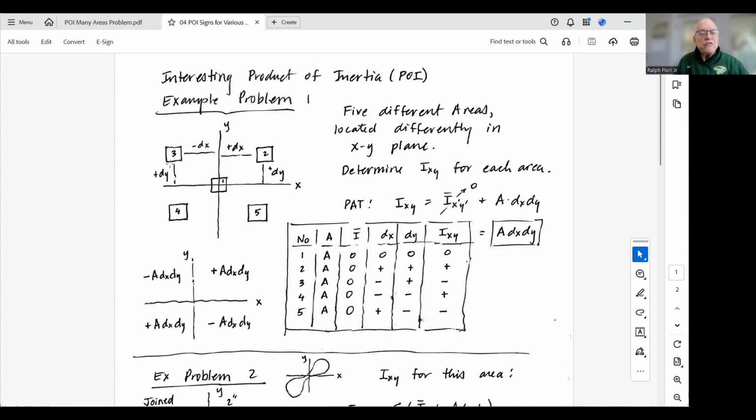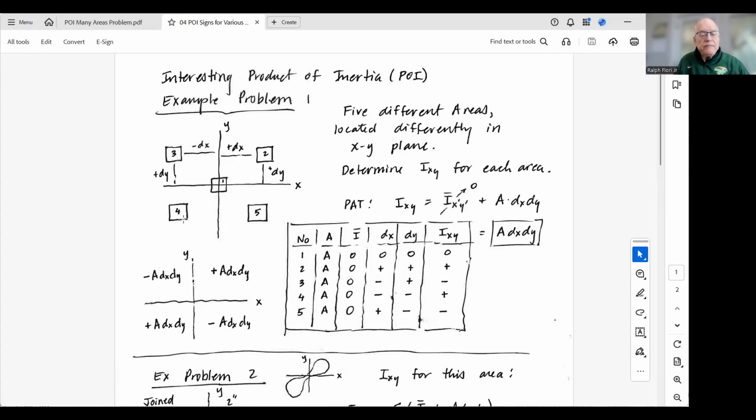If you take area 3, his area is A, his dx, which is measured from the y-axis to his centroid, is a negative dx. The dy here is measured from the x-axis up to 3, so that's a positive dy. And so the A dx dy term for area 3 is negative in this quadrant 2.